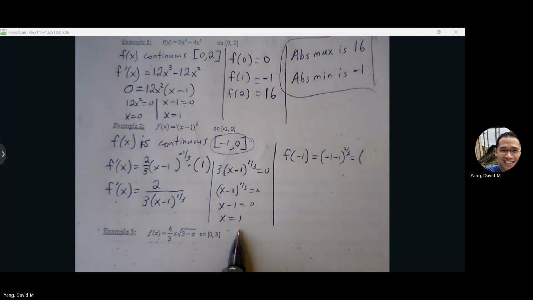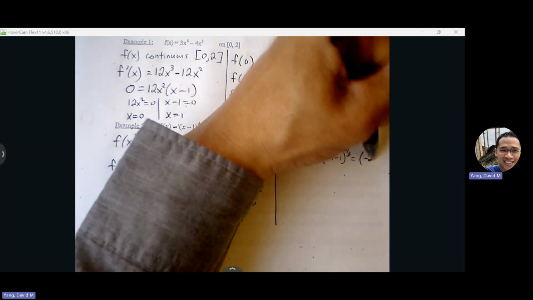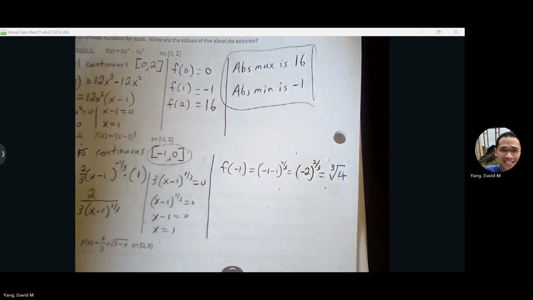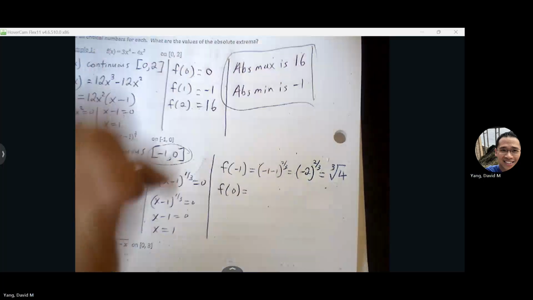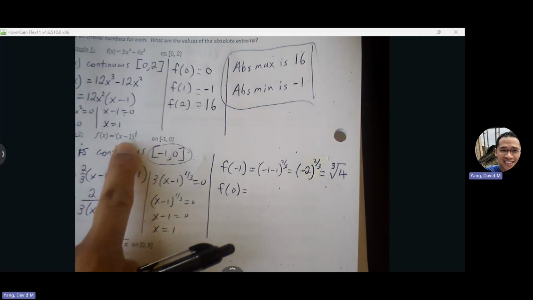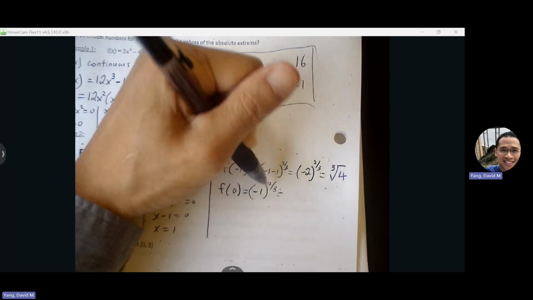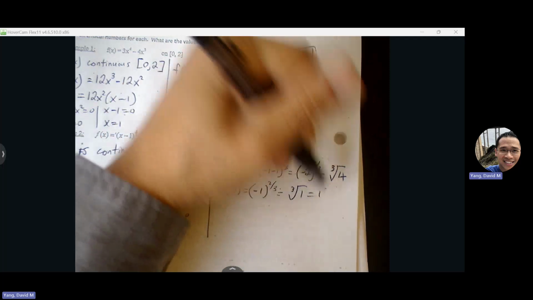It's 1, sorry, 1 minus -1. Okay, -1 minus 1 is -2. -2 to the 2/3. -2 squared is 4, so cube root of 4. Meanwhile, f of 0 is 0 minus 1, which is -1. -1 to the 2/3. The 2 makes it positive, and then cube root of 1 is just 1.